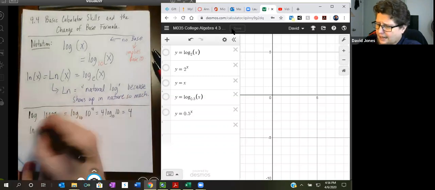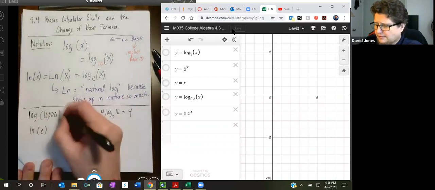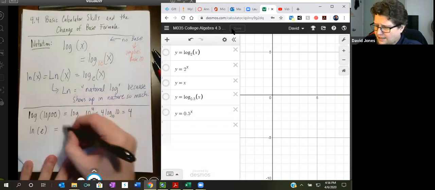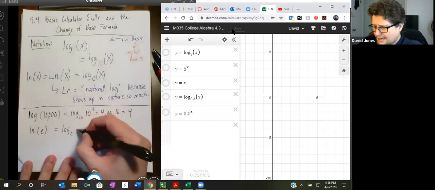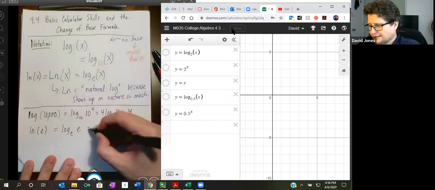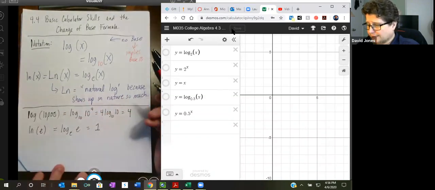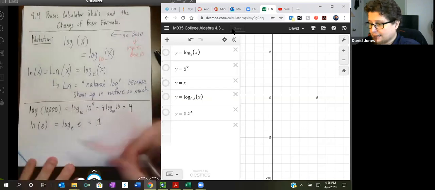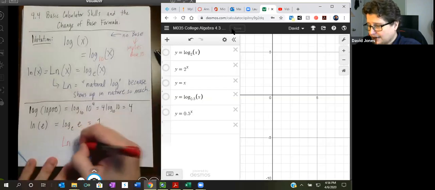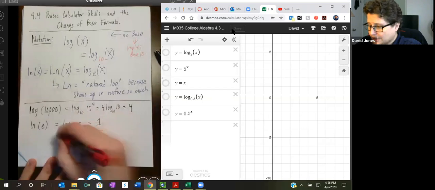If you see ln of e, this is log base e of e. Same base as the argument equals 1. That's important. You should memorize this. ln of e equals 1. It's worth memorizing.